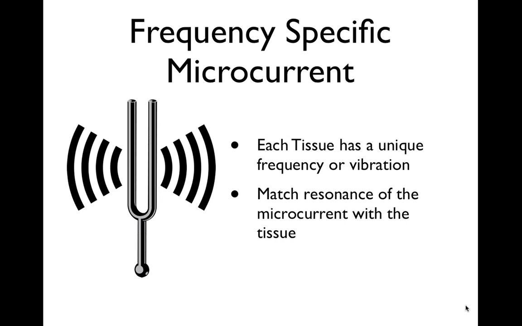And you kind of get a harmonic effect. So if you would vibrate 2 C-sharp tuning forks and they would be identical to each other, you're going to get a harmony. And they'll support each other. So that's essentially what we want to do when we're doing microcurrent. We want to put the frequency in at the exact same.